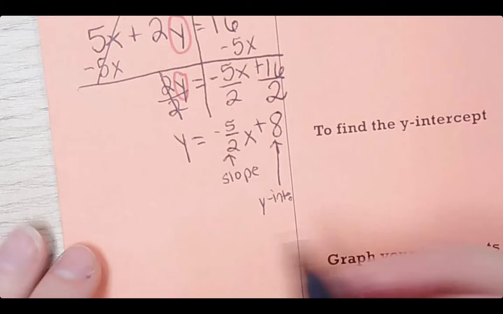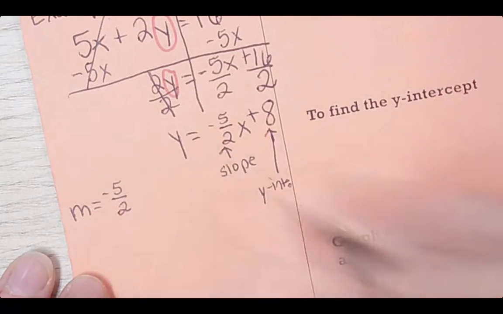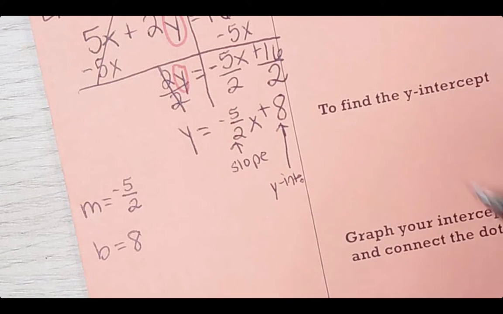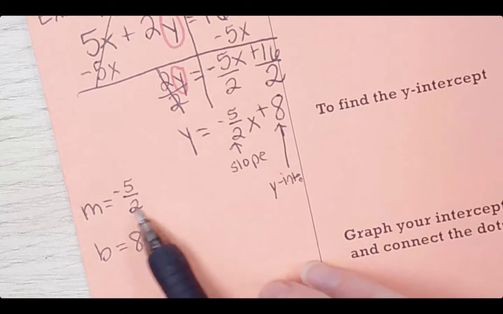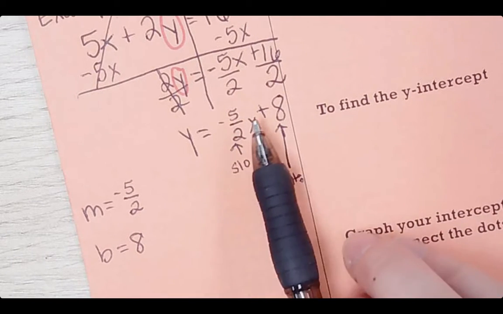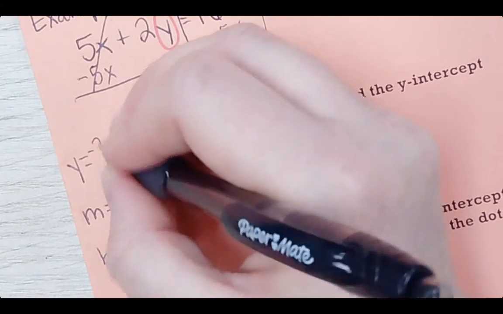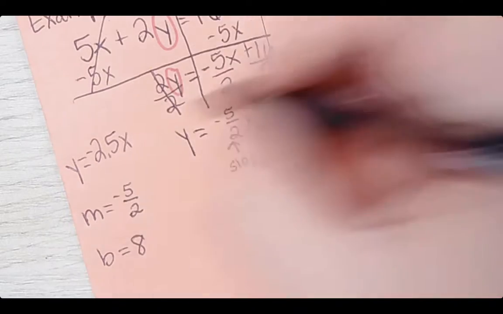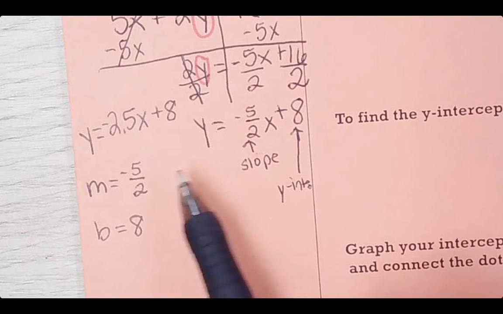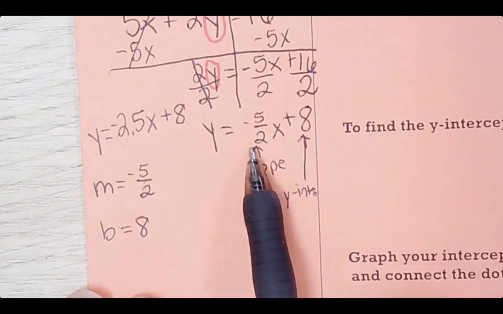So our m is negative 5 over 2, and b is 8. One thing we could do is change this negative 5 over 2 to a decimal, and so our equation would be negative 2.5x plus 8. But it's easier to graph whenever you have a fraction, negative 5 over 2x.